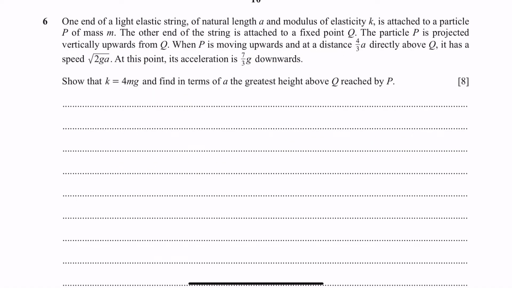Question 6. One end of a light elastic string of natural length a, so this is natural length, and modulus of elasticity k is attached to a particle of mass m. The other end of the string is attached to a fixed point O. It is projected vertically upwards from Q. When P is moving upwards at a distance 4 over 3a directly above Q, it has a speed root 2ga.